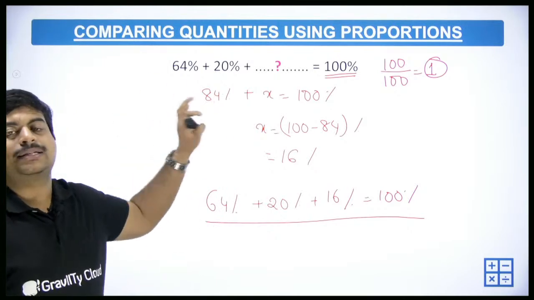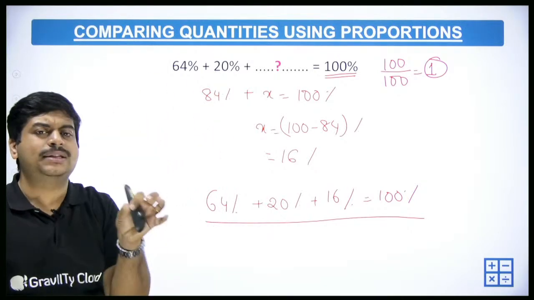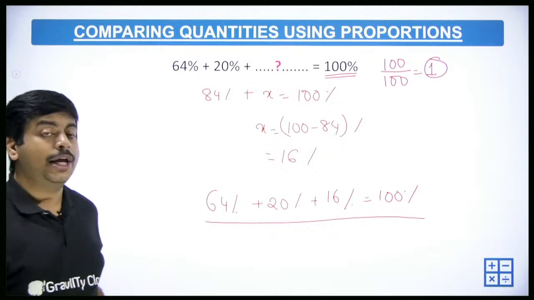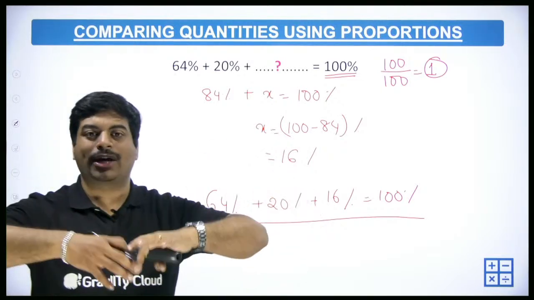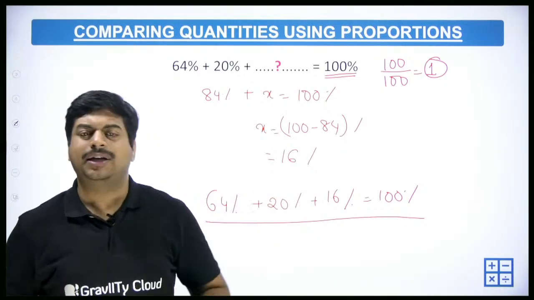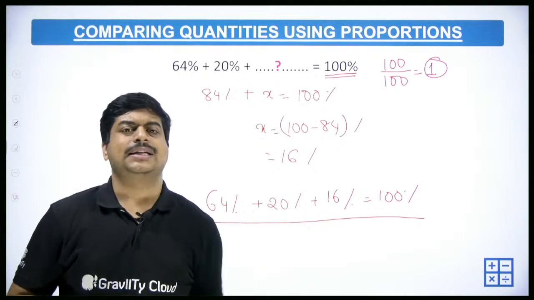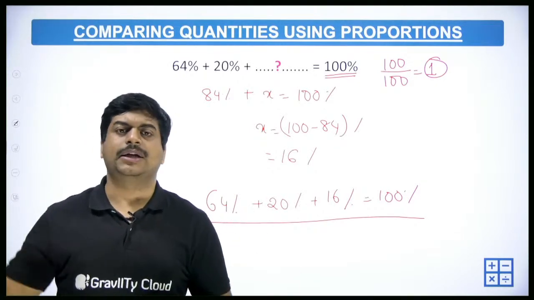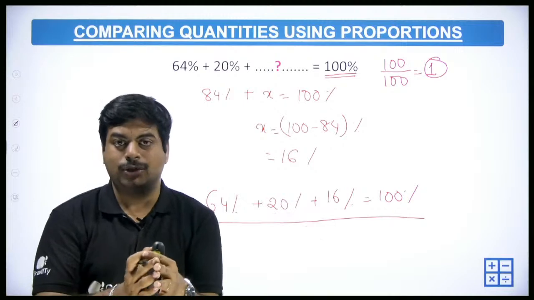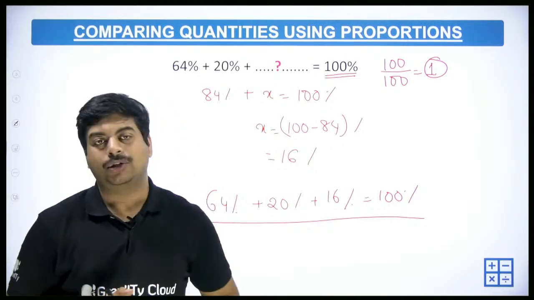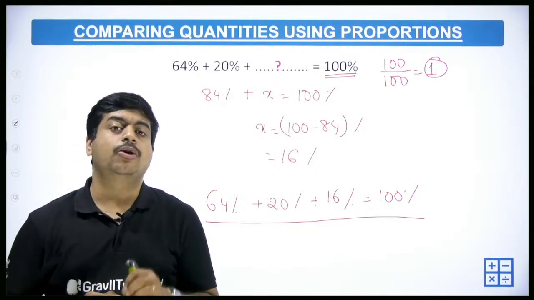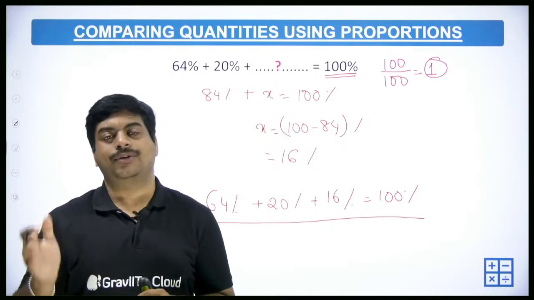So always the sum of the percentages in one situation will always be equal to 100. You cannot combine multiple situations and say, sir, it is crossing 100. Definitely it may. In one case, let's say you got 90%, another case some other person got 90%, and you cannot club these to say you got 180% in total. No. Percentage we only talk about per 100. That means it cannot cross 100.